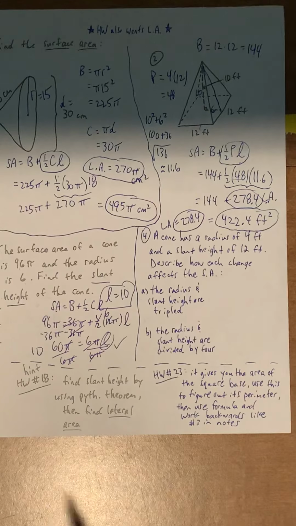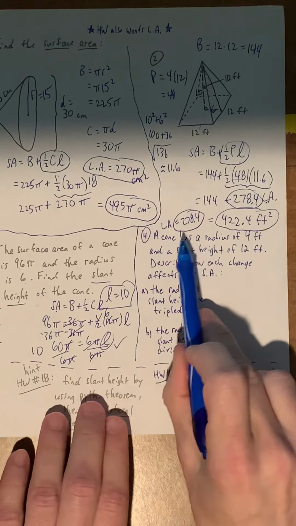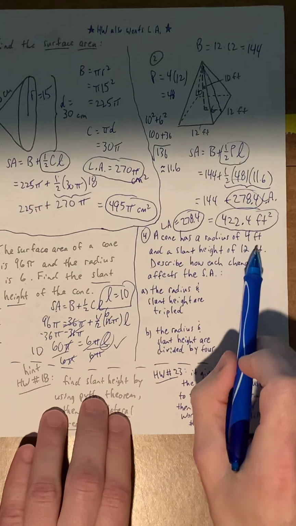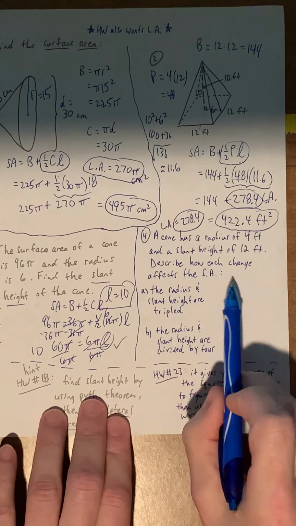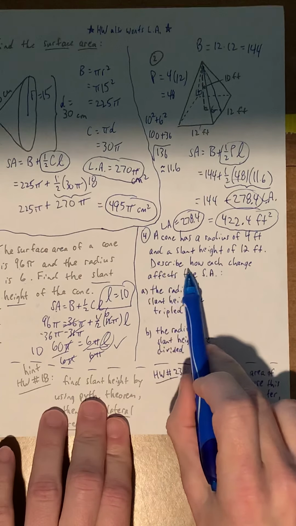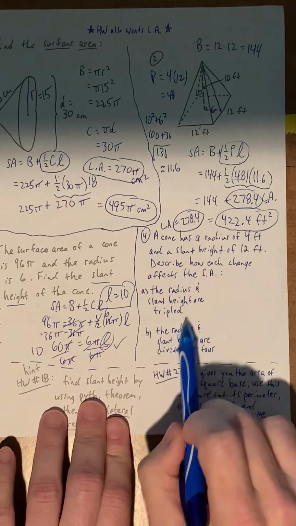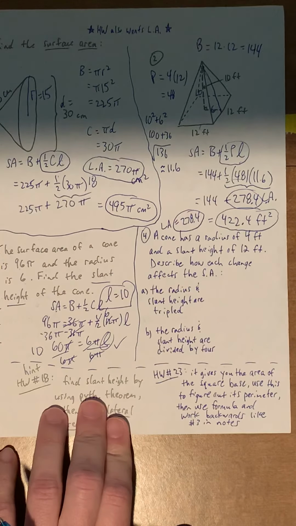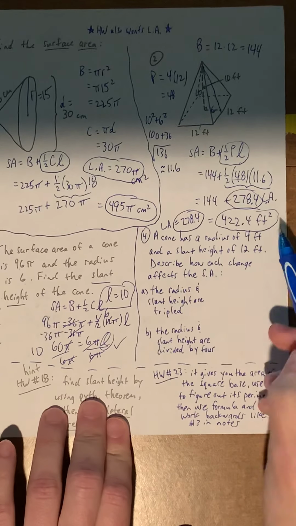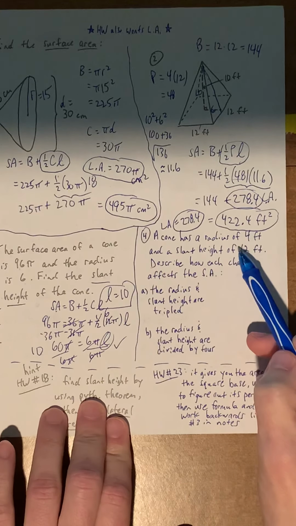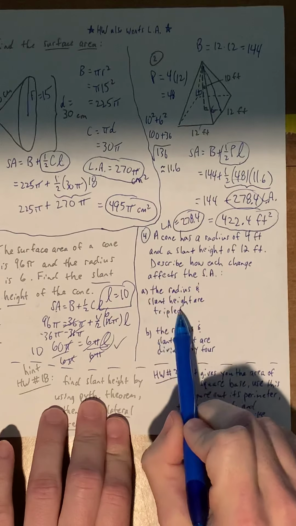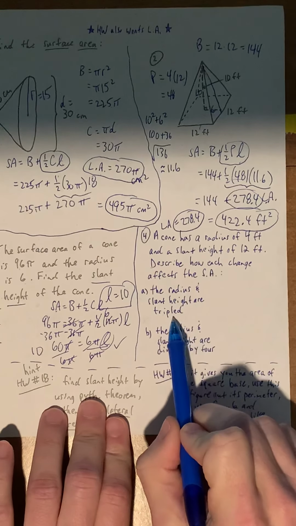Now, number 4 says a cone has a radius of 4 and a slant height of 12. It wants you to describe how a change in certain dimensions affects the surface area. Part A says that the radius and the slant height are tripled.